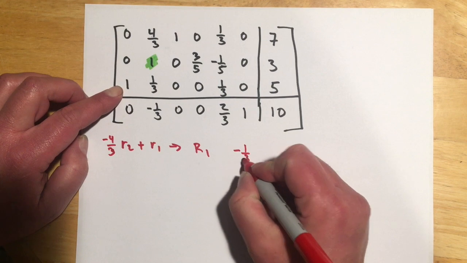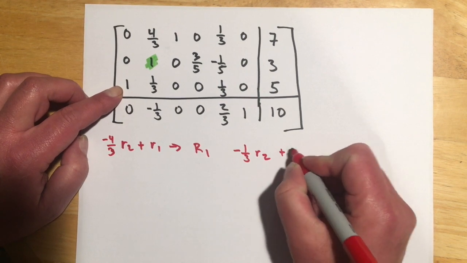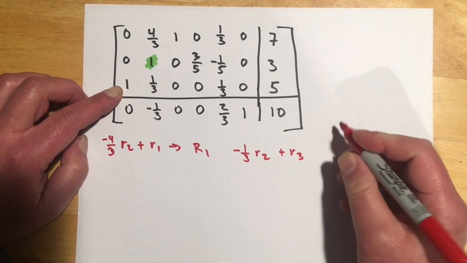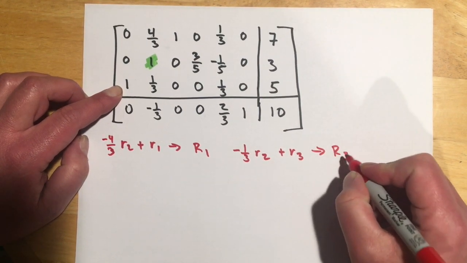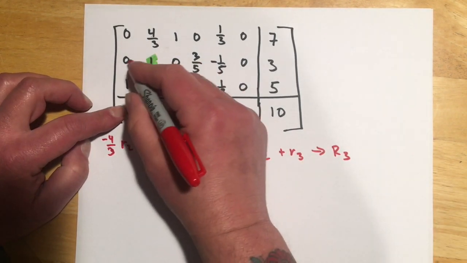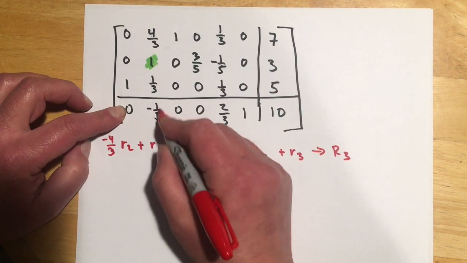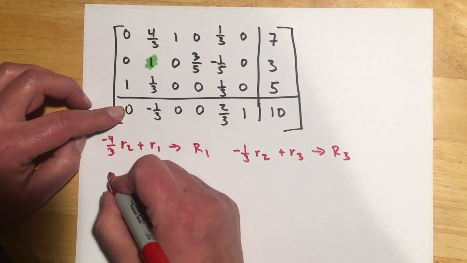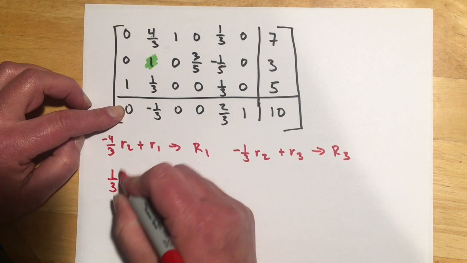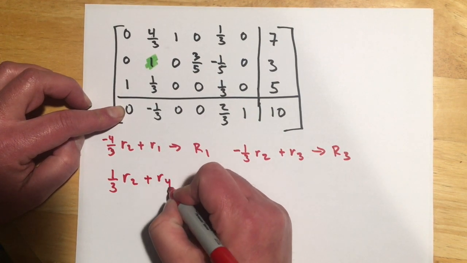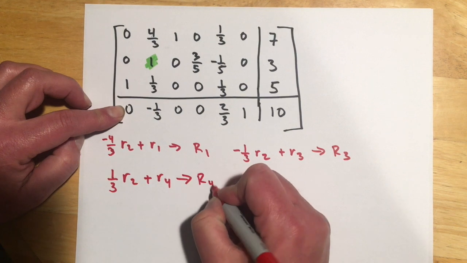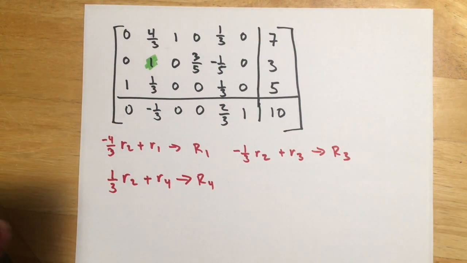So -1/3 row 2 plus row 3. And that's going to make my new row 3. And then down here, I'll just do a 1/3 because I'll knock out this -1/3. So 1/3 of row 2, and then plus row 4, and that will make my new row 4. Okay, so I'll get all of that set up.